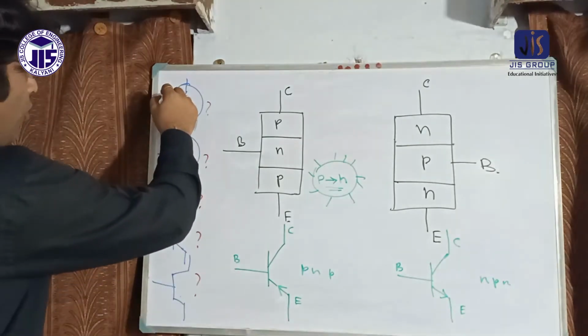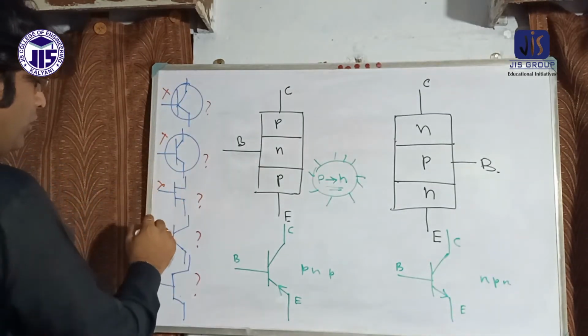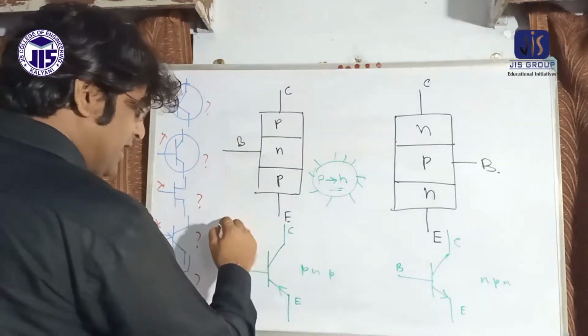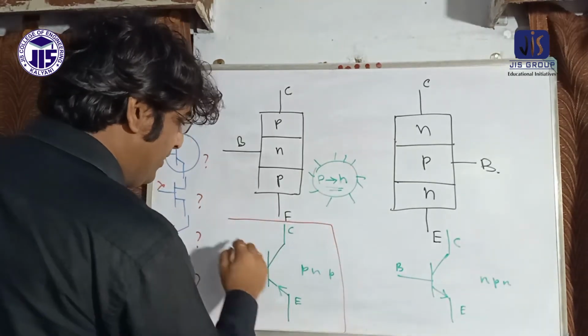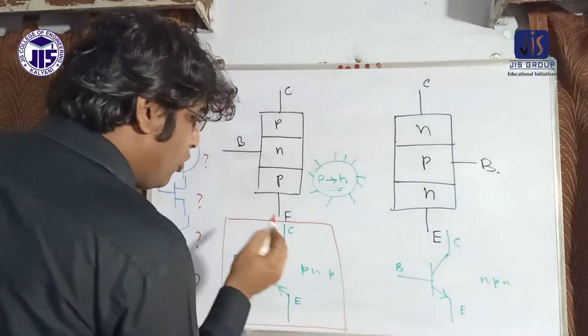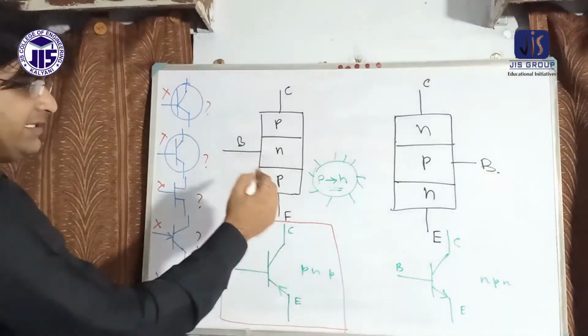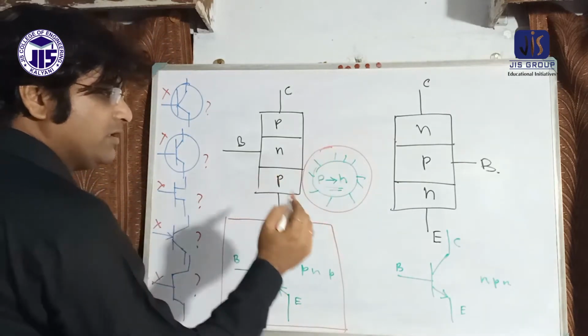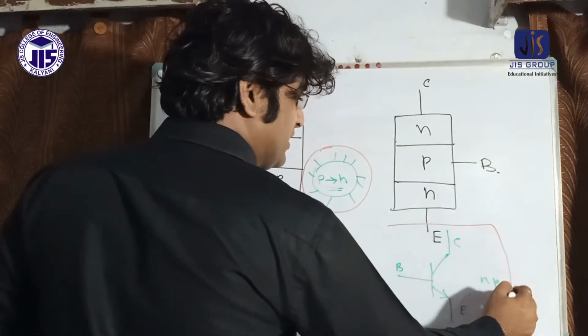But these are all wrong. The right process is this. You should always be fundamentally clear about these things, why it looks like that. That is the P to N formula. That is the P to N concept, and why it looks like this.